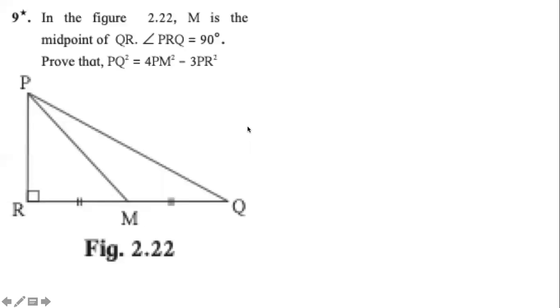This question number 9 is a very important question because this is a form of question that you will see at many other places also, even in the next exercise, also throughout the textbook. Right? These type of questions will keep coming because this is a combination of perpendicular sides and medians and all. You see, it says in figure 2.22.